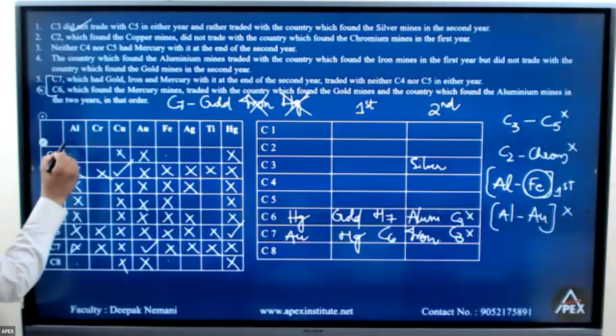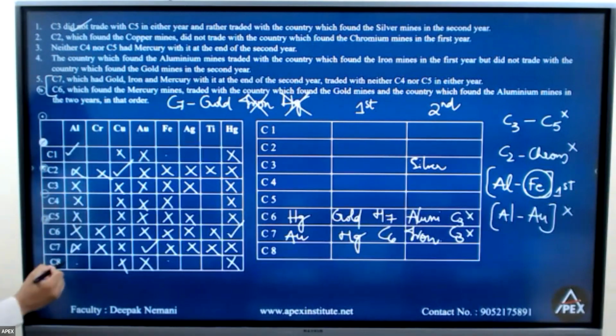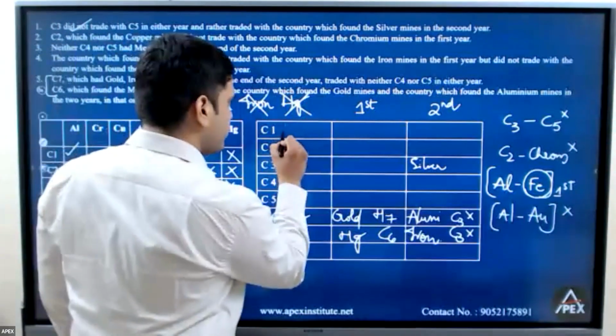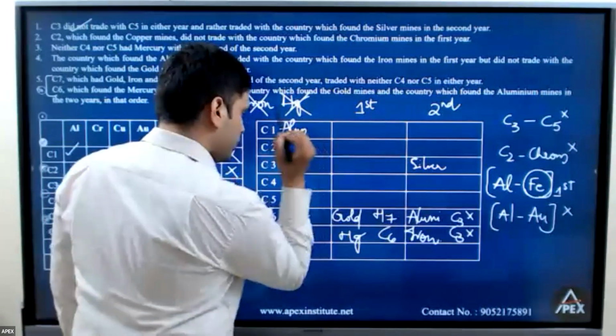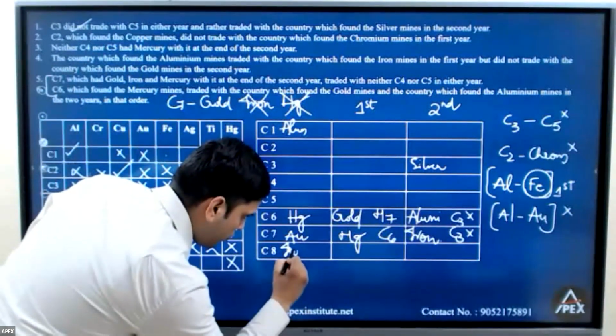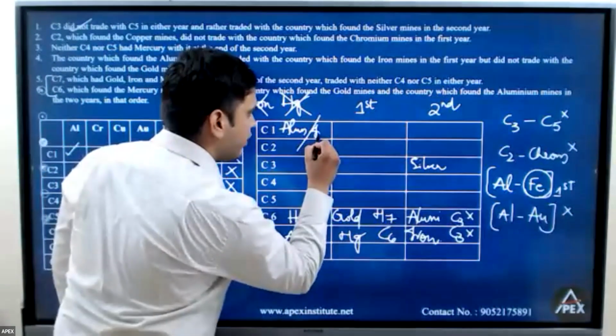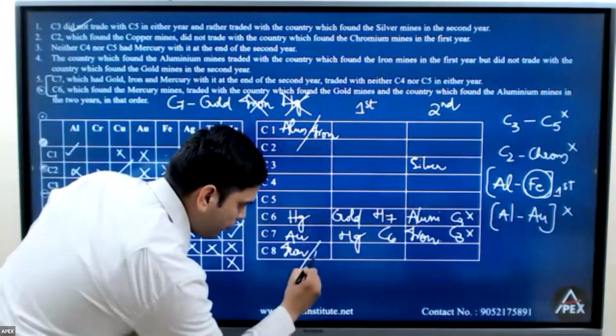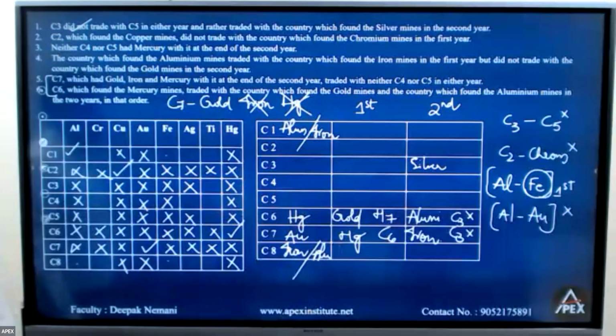If C1 is aluminum, then C8 will be iron, and if this is iron, this will be aluminum. Clear?